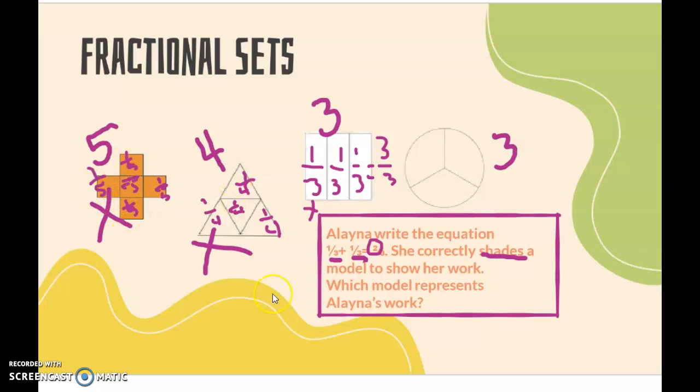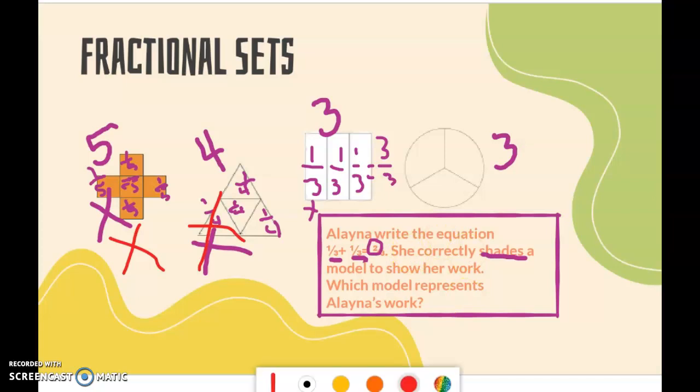Okay, so again, we have eliminated two answer choices because neither model represents a third of what Elena drew and wrote an equation for. This model represents thirds, but all of it is shaded. So if this is Elena's model, that means that we need to shade how many parts?